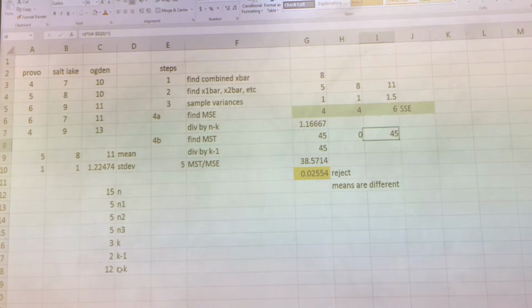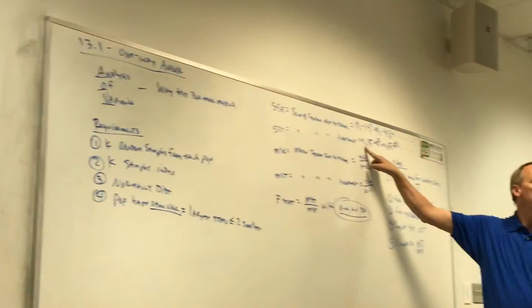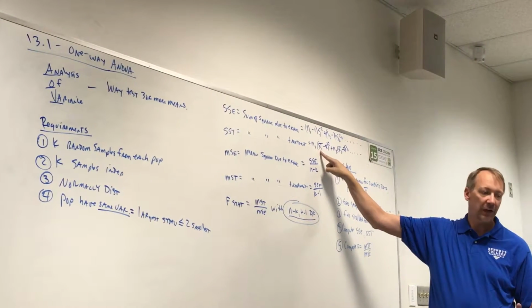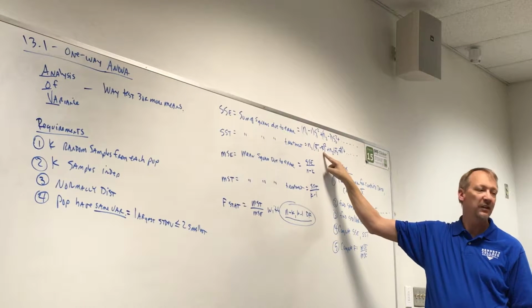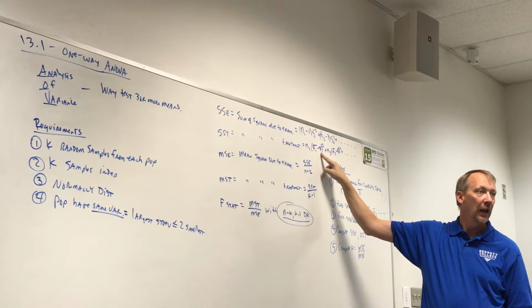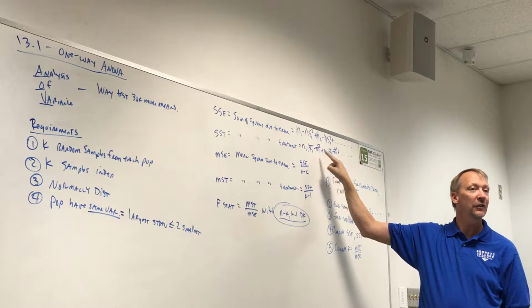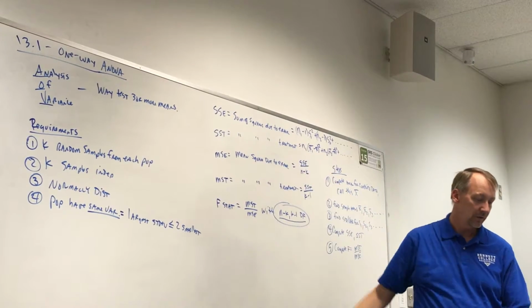Now I need to figure out my SST. My SST is this line here. So SST says N1, which is 5, times x1 bar, which is 5, minus x bar, which is 8. So 5 minus 8 is -3. -3 squared is 9, times 5 is 45.